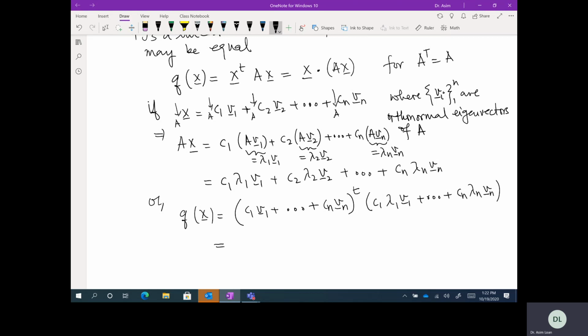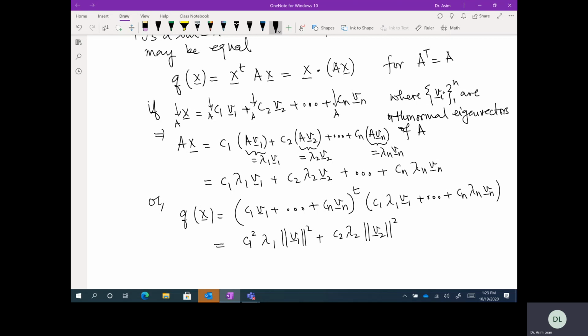When I take the transpose and multiply, this is simply C1 square lambda 1 V1 transpose V1, which is the norm of V1 squared, plus C2 square lambda 2 times the norm of V2 squared.